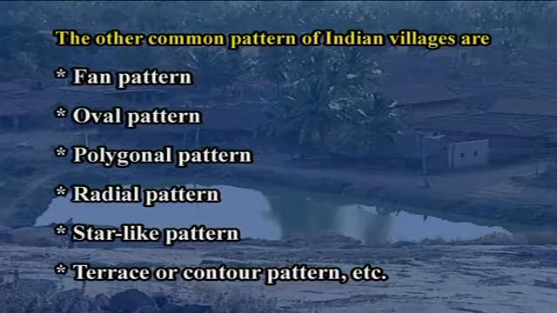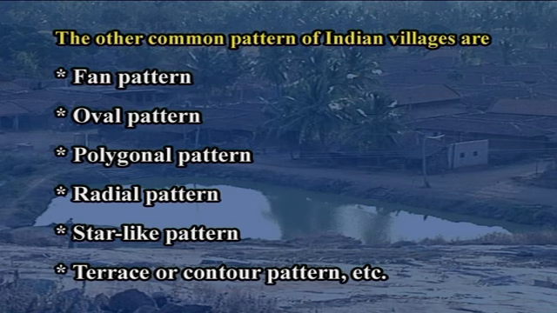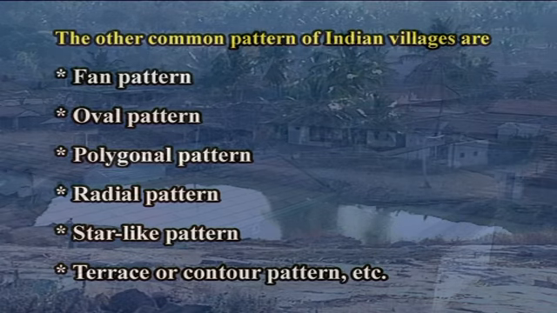Triangular pattern appears under special conditions of topographical barriers characterized by negative land features on three sides. The other common patterns of Indian villages are fan pattern, oval pattern, polygonal pattern, radial pattern, star-like pattern, terrace or contour pattern.